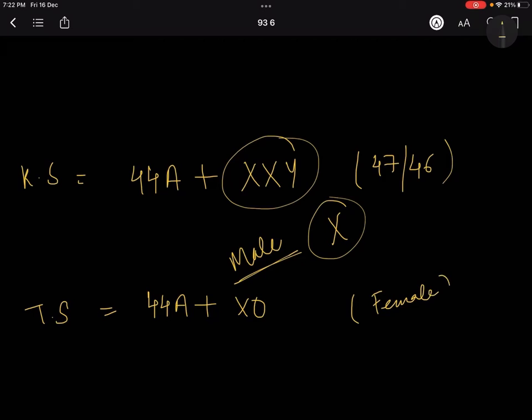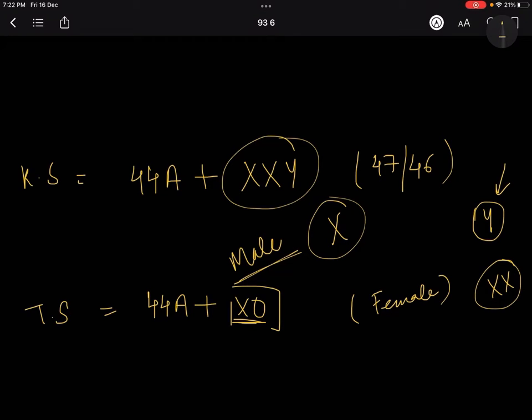Because see, if you have to be male, then you have to have the Y chromosome. When you don't have the Y chromosome, that determines the female gender. So Y means male. So when you don't have a Y, it makes you a female. But of course, for a healthy female, you should have 2X, right. So here they have only 1X.